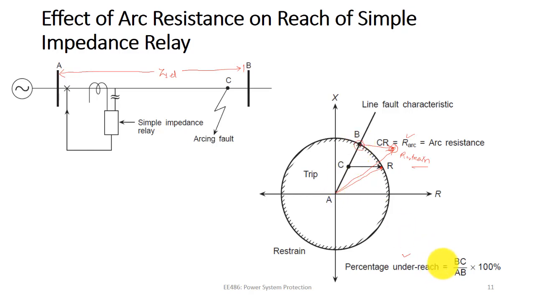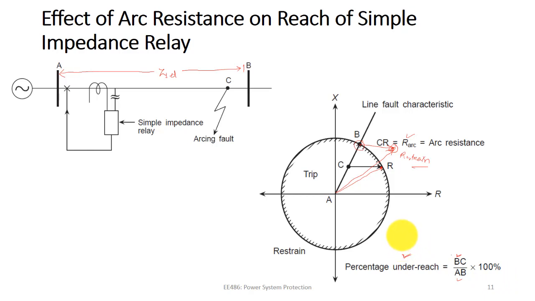Therefore the percentage under reach for this arcing fault is BC by AB into 100. BC is the distance by which the relay is under reach, and the actual setting is AB. So the distance of under reach BC by the actual setting AB into 100 will give us the percentage under reach.